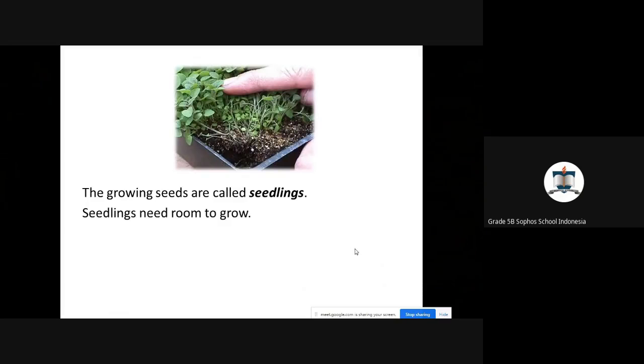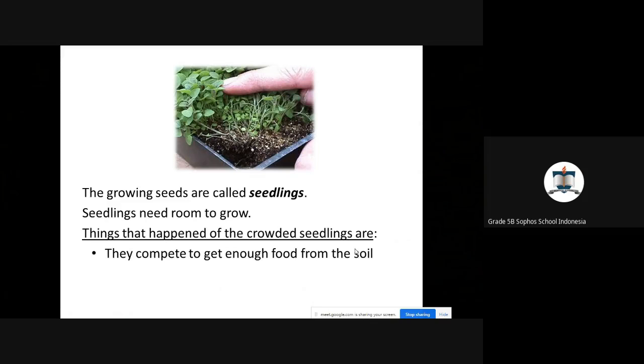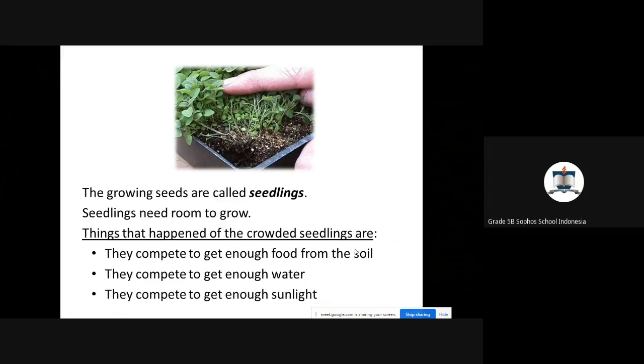The seedlings need room to grow, but if you look at this picture, do they have enough room to grow? If there are a lot of seedlings in a small area at the same time, they will compete to get enough food and water from the soil, and also enough sunlight.